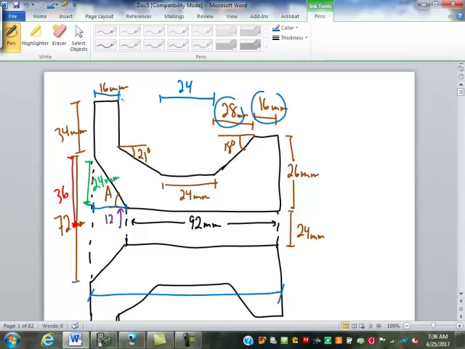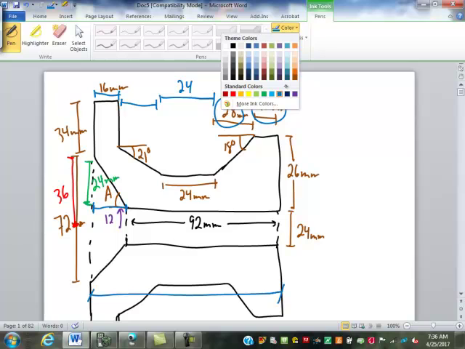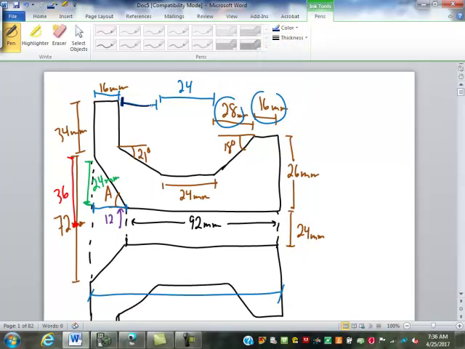All we're missing is this piece right here. We've got to find that piece. How can we find that piece? Well, 92 goes to here, though, not all the way over. It doesn't necessarily line up with this.